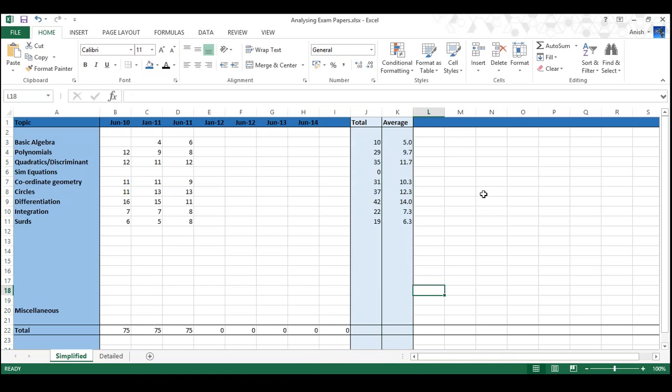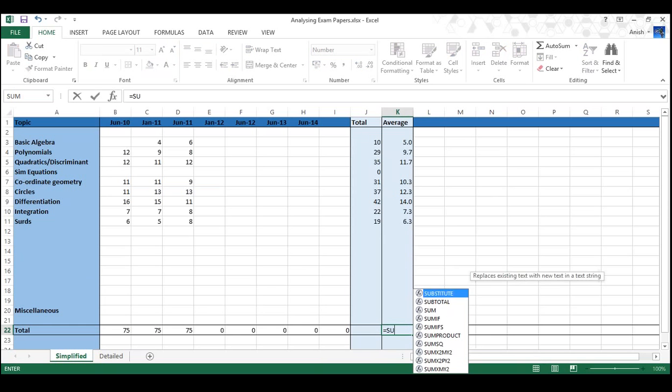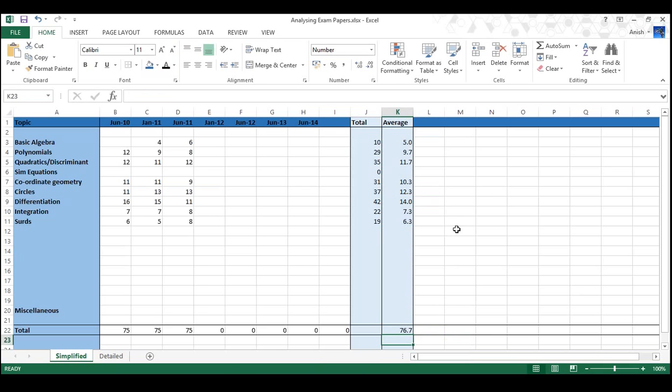Okay, so we can now sort of predict, this should add up to almost 75. That's because we've rounded.